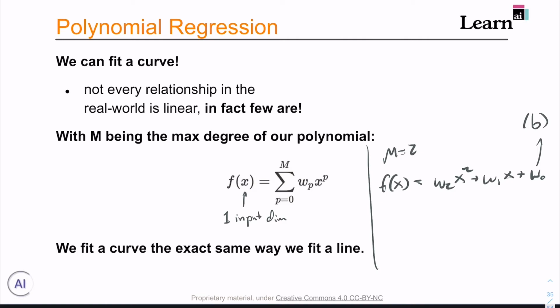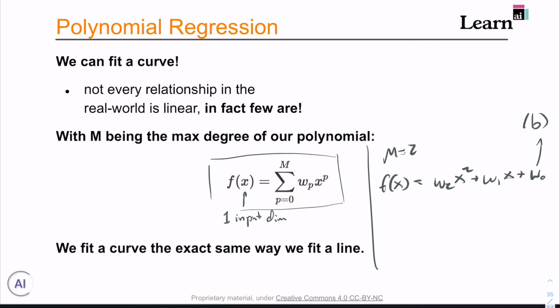So that'd be a quadratic. Note, you can fit any quadratic here with w2, w1, w0. This has the expressivity of any quadratic curve, which means that this has the expressivity of any polynomial.